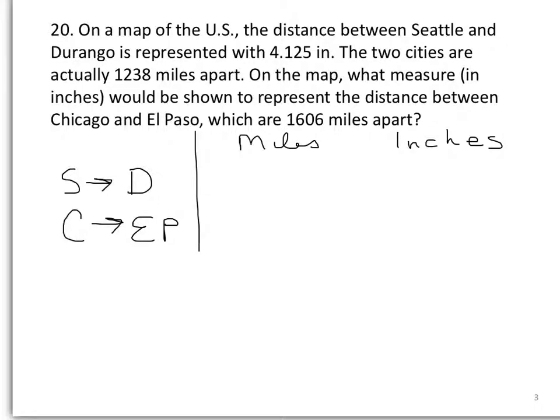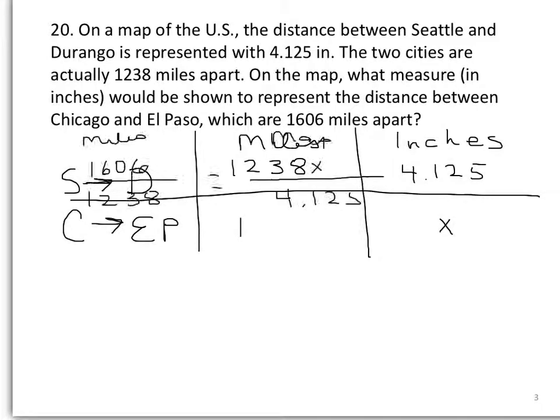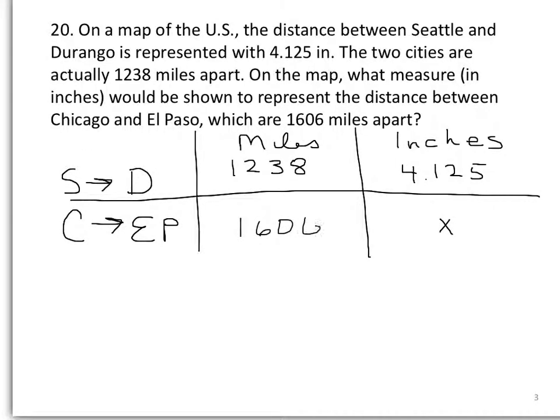So let's set up a table here. Seattle to Durango, we know, is represented with 4.125 inches, and it's represented with 1,238 miles. The Chicago to El Paso distance, we don't know how many inches, but we can put 1,606 miles.